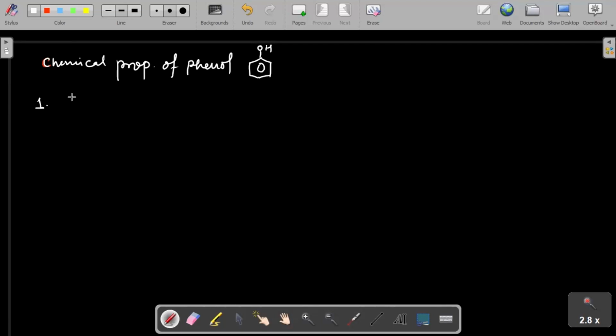You can talk about reaction with reactive metals like sodium. So what happens here is the phenol reacts with sodium metal.